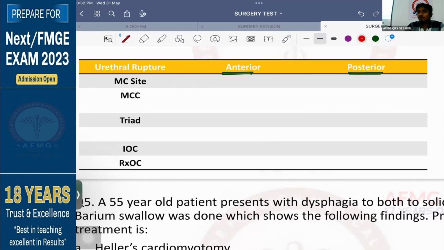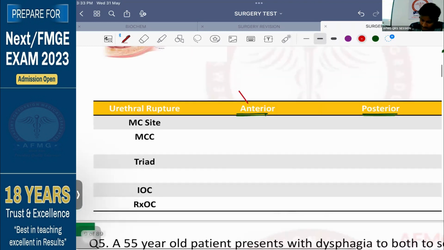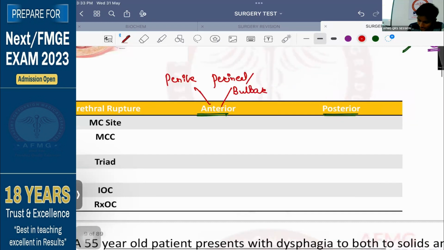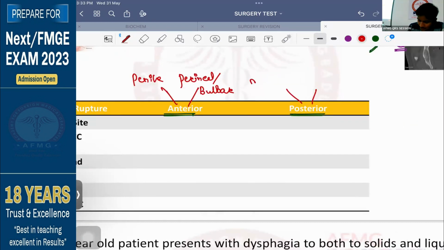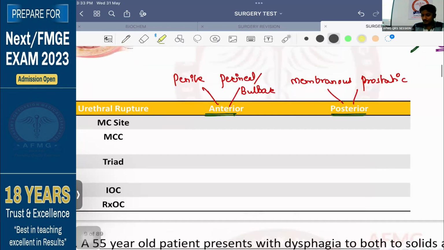Now there are two parts of your urethra, anterior और posterior urethra. Anterior urethra के दो हिस्से कौन से? जल्दी से. It is definitely the penile urethra first, and second is the perineal, also known as bulbar urethra. Whereas posterior urethra के दो हिस्से कौन से? One is called as membranous urethra, and the next is called as prostatic urethra. Now please tell me, overall most common site of urethral rupture.